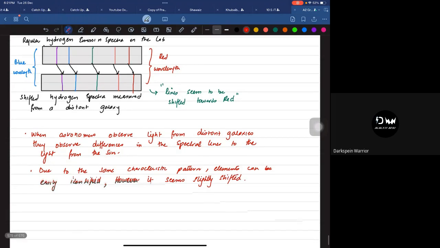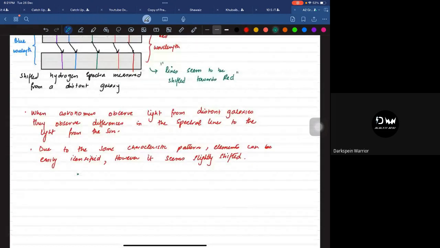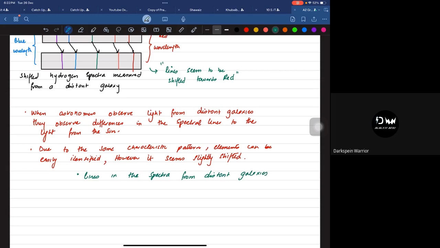Now, you need to remember: lines in the spectra from distant galaxies show an increase in wavelength.